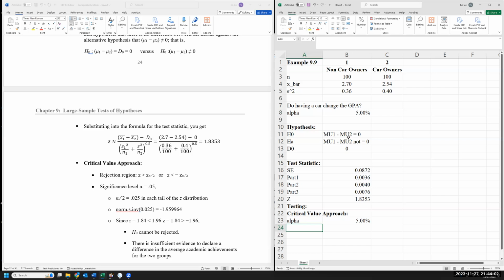And I just realized this is a two-tailed test. So in a two-tailed test, I need half an alpha, so alpha divided by 2. And then because Excel calculates cumulative from left to right, we need 1 minus half an alpha.